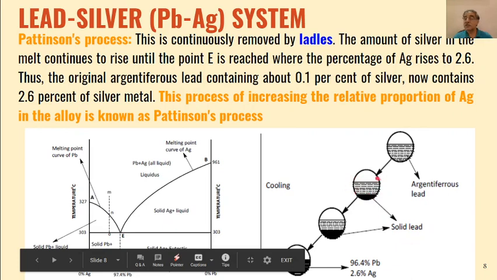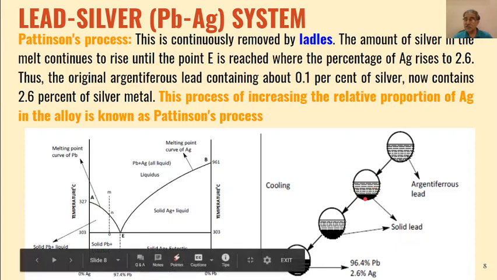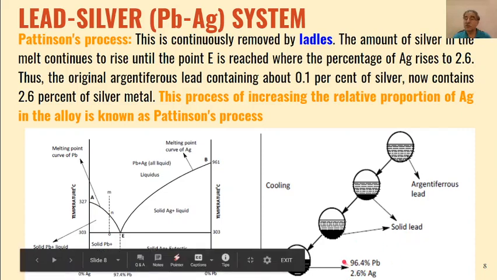That means the concentration of silver in this solution increases as the solid lead separates out. In the second ladle, more lead separates out and the concentration of silver increases further, till it reaches point E, where the concentration of silver can be 2.6% and lead can be removed up to 96.4%. So this process is known as the Pattinson process.